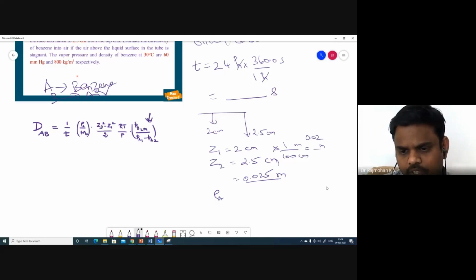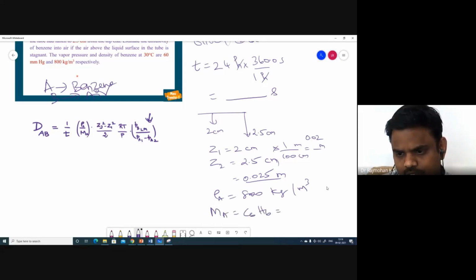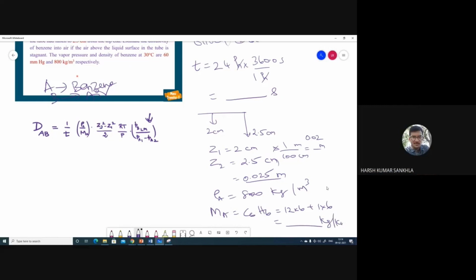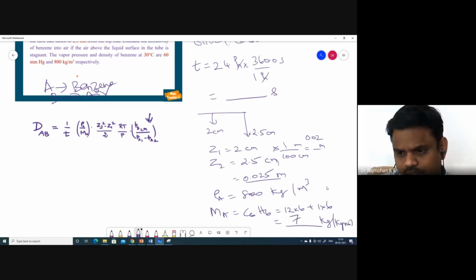Okay, so rho A is 800 kg per meter cube. What is the molecular weight of A? C6H6. That is 12 into 6 plus 1 into 6. How much? 78. Okay, very good. 78 kg per kg mole.